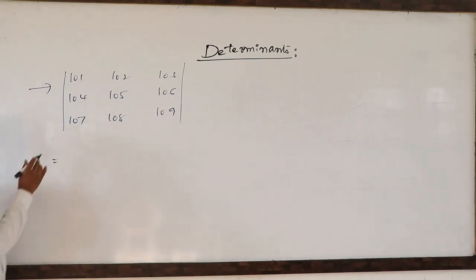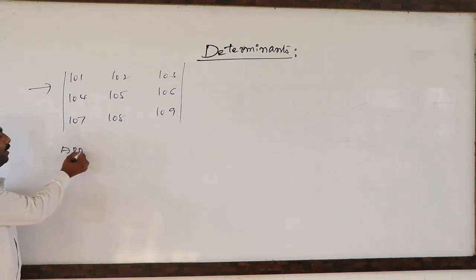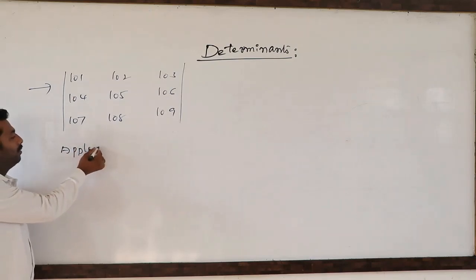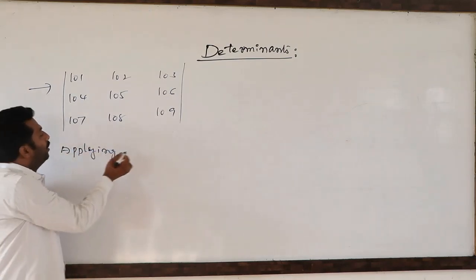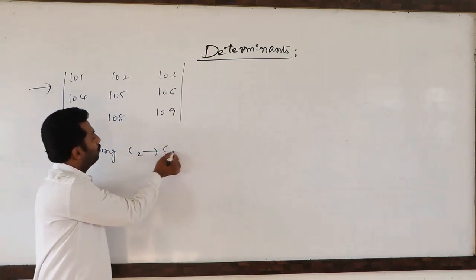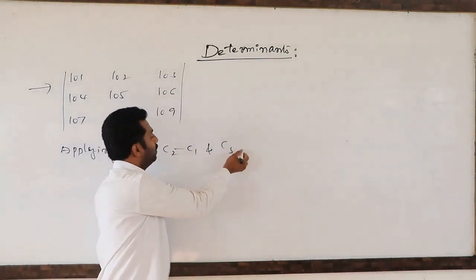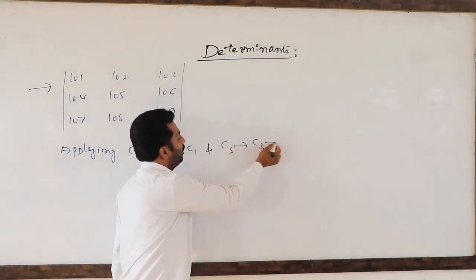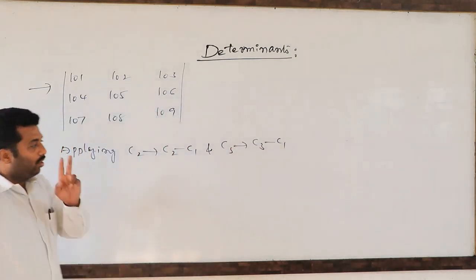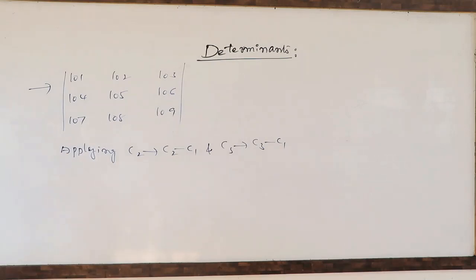Which properties are we applying? Just C2 changes to C2 minus C1 and C3 changes to C3 minus C1. Both operations can be applied at a time.